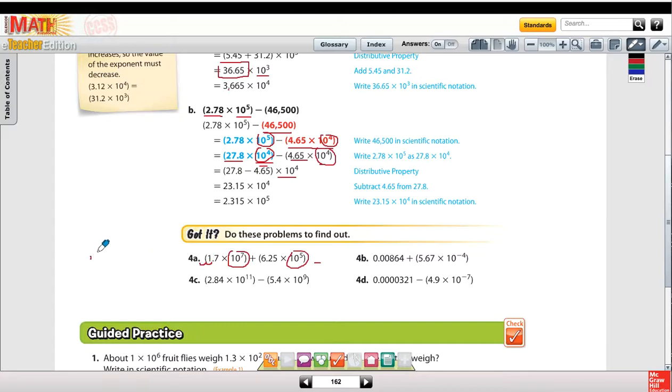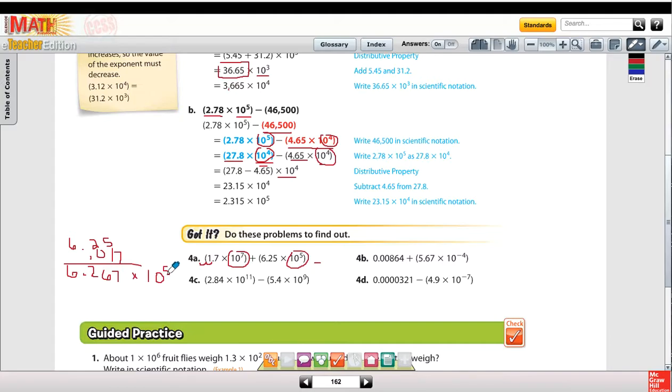So we have 0.017, and then we have 6.25. Okay, so we're going to add those two together to get 6.267, and then we're going to keep our exponent 10 to the 5th power.